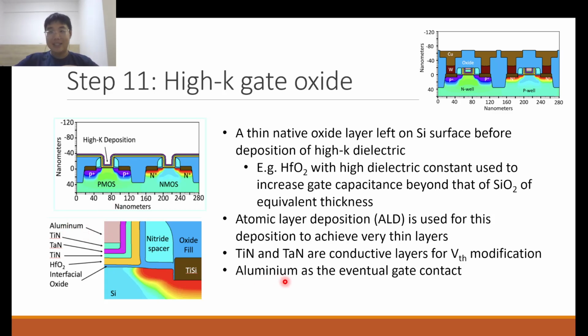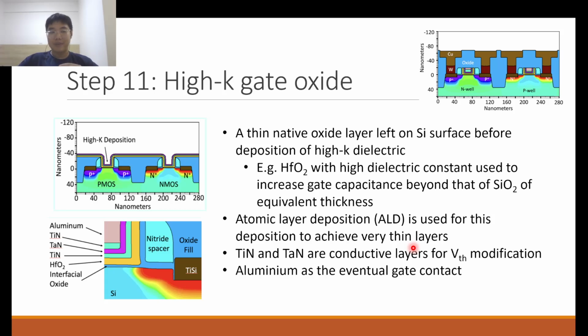So in this case, TiN and TaN, titanium nitride and tantalum nitride, are conductors, and they are there because their work function differs from that of the main contact aluminum, and that work function is able to modify the threshold voltage. Let's say you want the chip to have a certain threshold voltage. This is based on your circuit design.